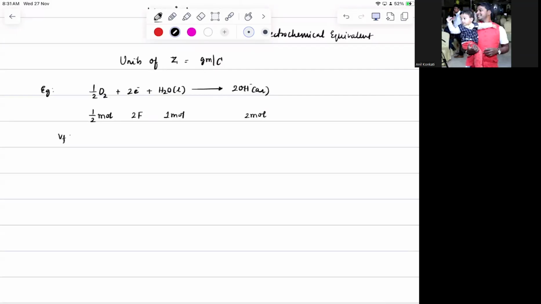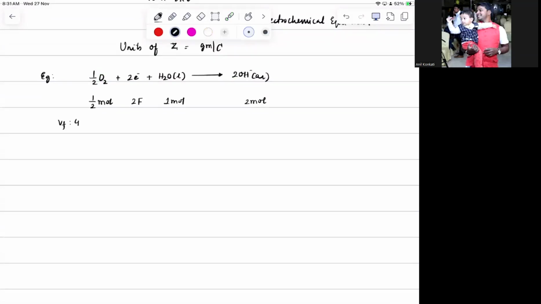And if you notice, the valency factor of O2 is actually 4 because for one O2 molecule, it will convert into 2 O2 minus. So number of electrons transferred are 4. Here. So which means now if you notice that if the number of equivalents are 4, half into 4, that makes it 2 equivalents.